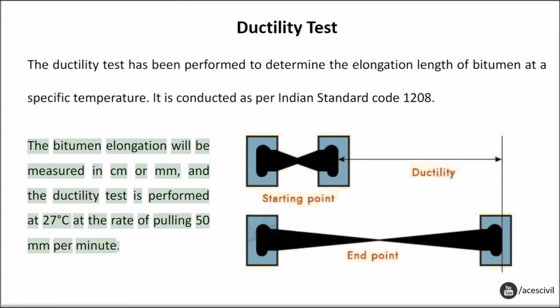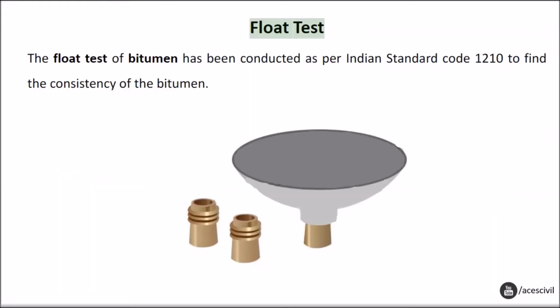The bitumen elongation is measured in cm or mm, and the ductility test is performed at 27 degrees C, with a rate of pulling of 50 mm per minute. Float test. The float test of bitumen is conducted as per Indian Standard Code 1210 to find the consistency of the bitumen.